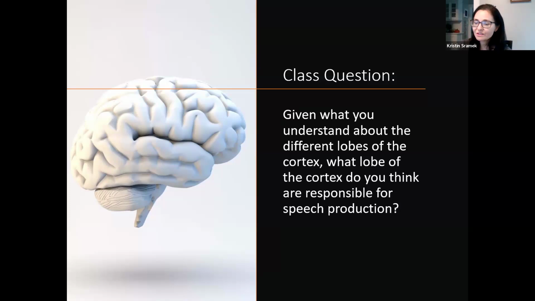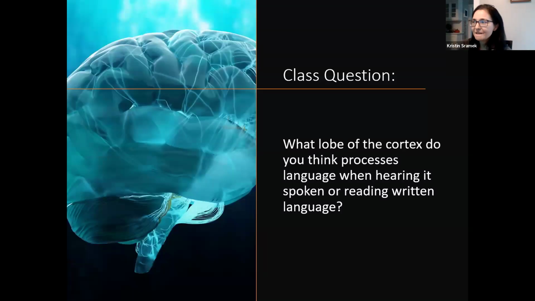So that should give you a little bit of a hint. And it would be, in fact, in the frontal lobe. So it's in the frontal lobe that occurs. And then we also have the process of hearing and understanding what we are receiving from others whenever they speak to us.